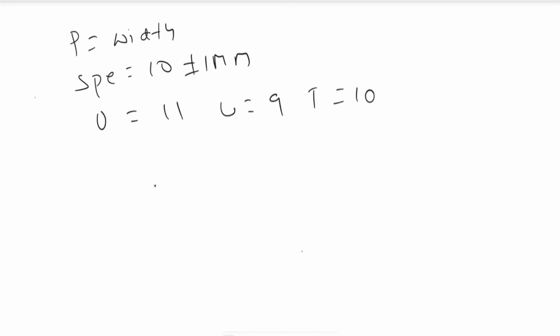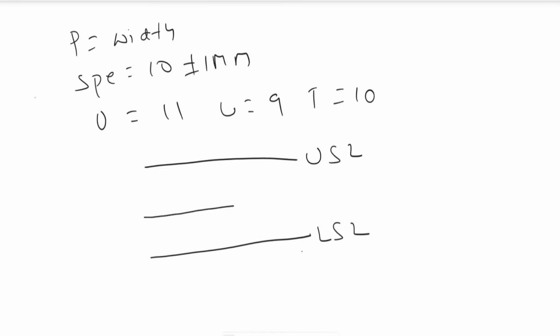This is the upper specification limit, this is the lower specification limit, and this is the target. So this is 11, this is 9, and this will be 10.